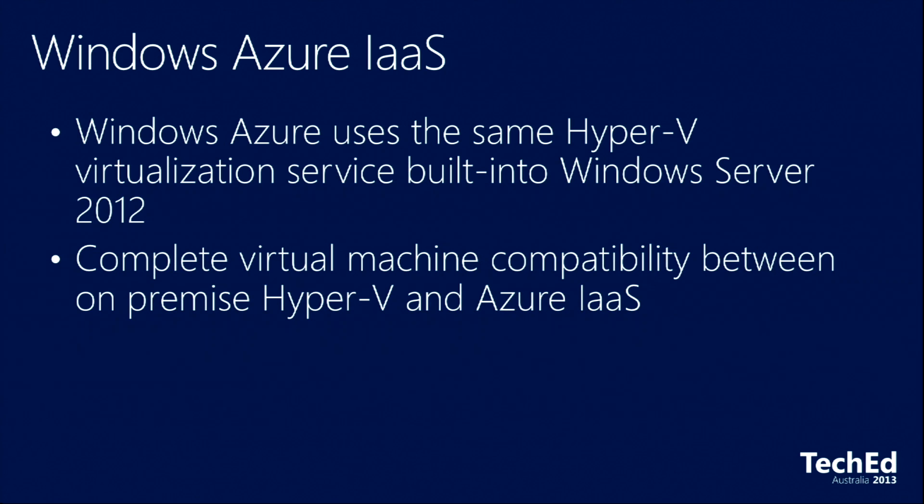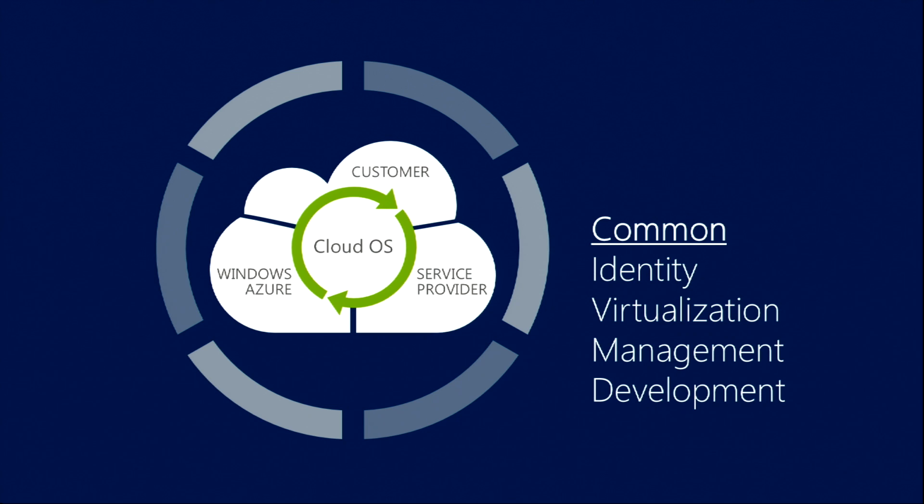This is the first time that we've been able to go, yep, same bits for both Azure and for you guys. And that's really exciting. I'm really happy about that. And it's already starting to enable some really cool scenarios around being able to easily move virtual machines between your private cloud and an Azure public cloud. So really happy to see that coming out.